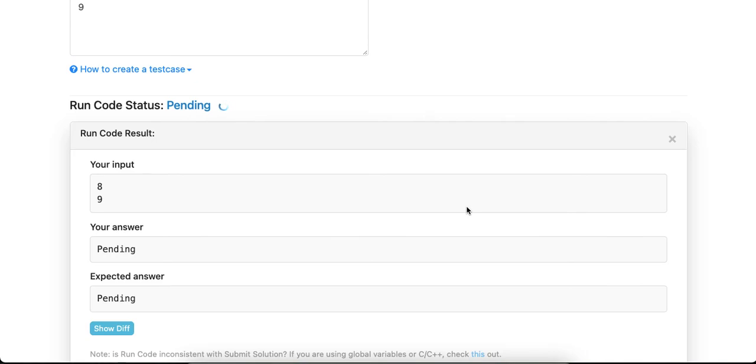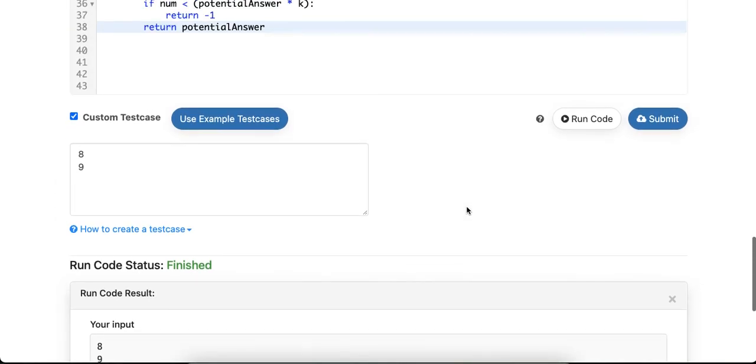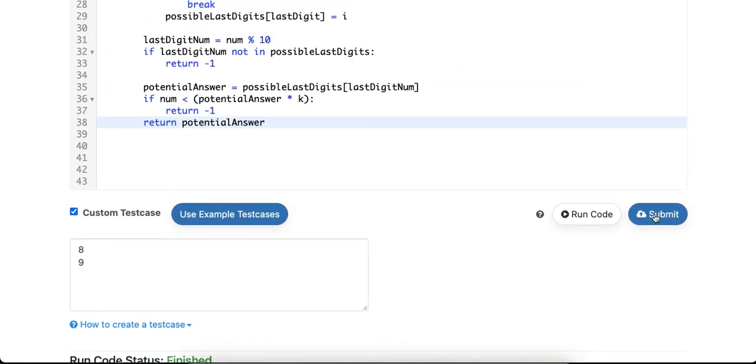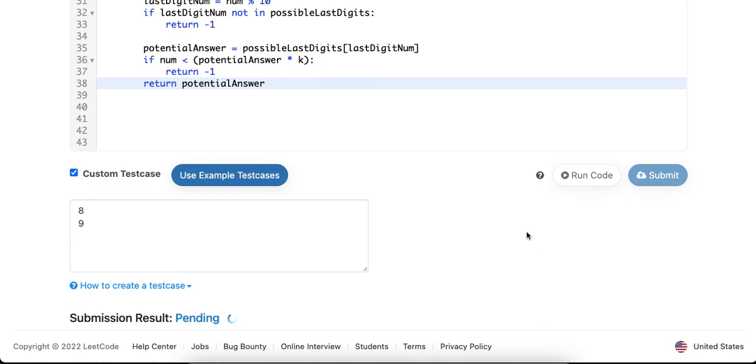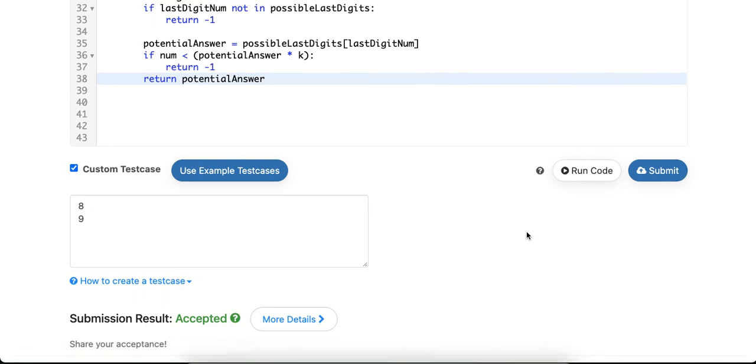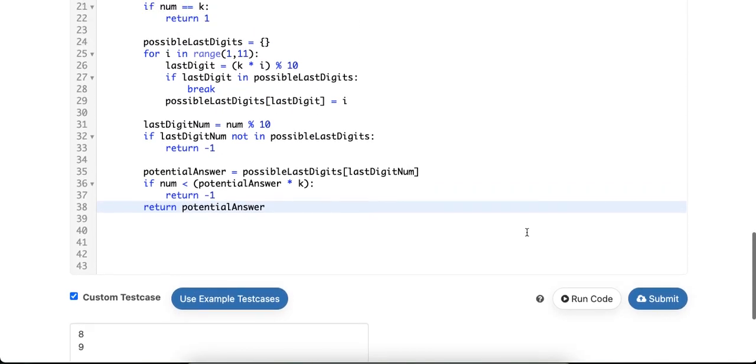It's pretty slow. Though it is illogical to be slow if we think about the big O, which we'll talk about later. But let's try to submit this first, whether it is accepted. It could be that the LeetCode server today is just slow rather than the algorithm we wrote is slow. It's accepted, so it's performant enough.